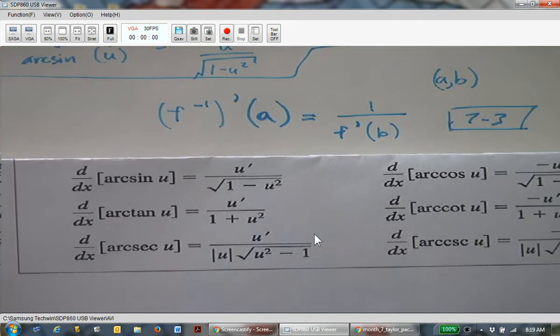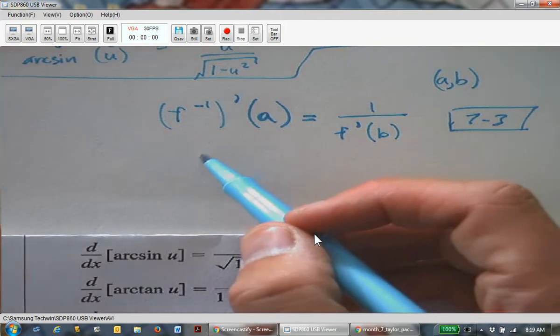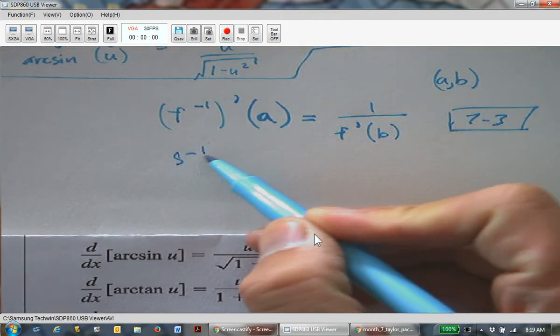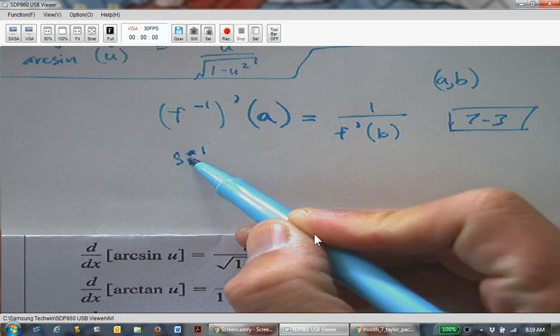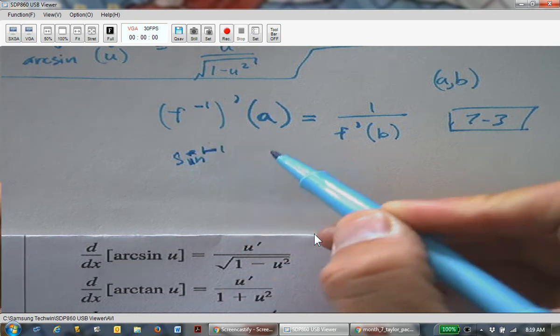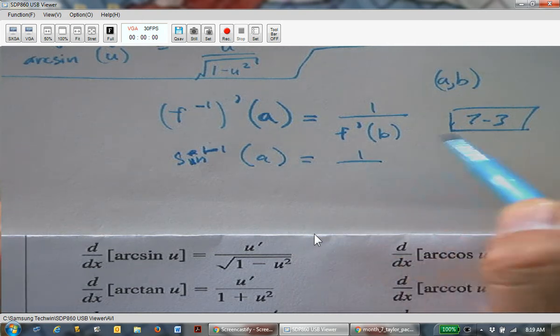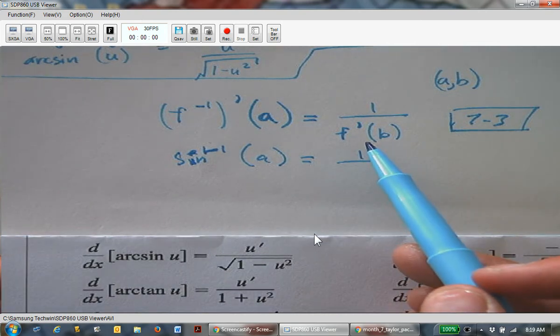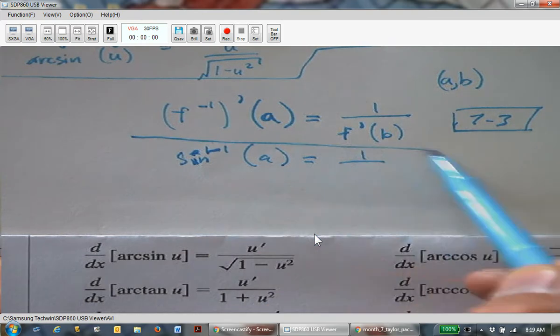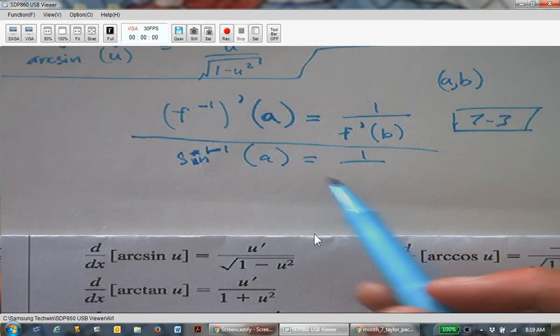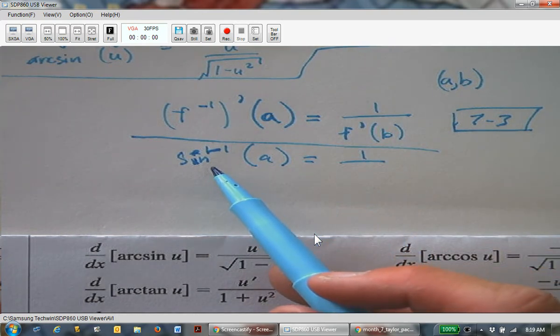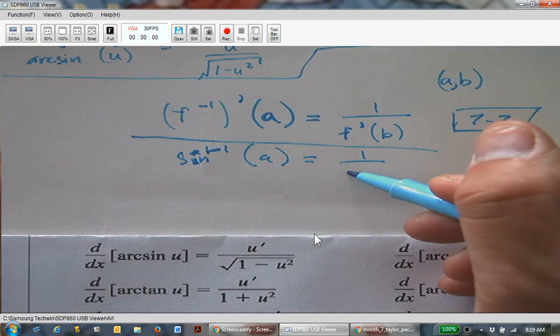In fact, if we were to follow this, if I took sine inverse of, let's say, just call this A, what should this theoretically be then? If I followed this formula here, what should this have been?